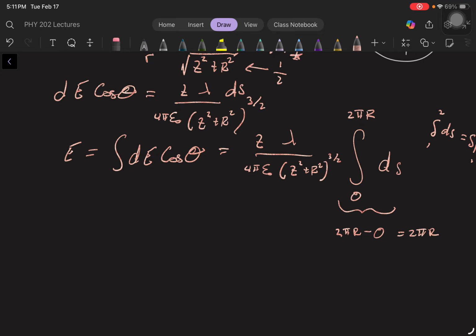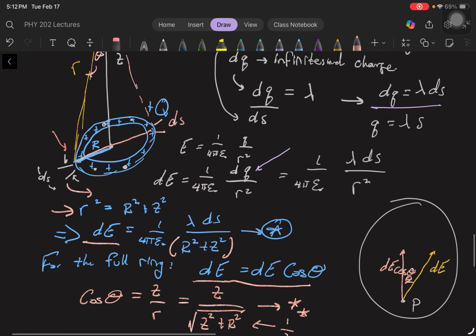Cool. And so we get E is equal to Z lambda 2 pi r over 4 pi epsilon naught Z squared plus R squared to the 3/2.